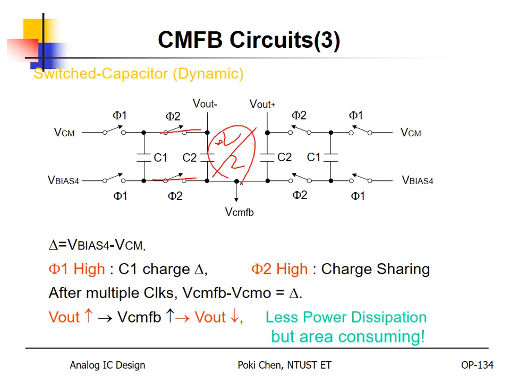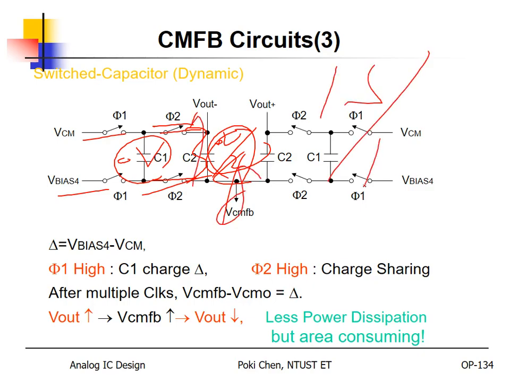And how about the second cycle? In the first phase, you close it, you become delta V. But after Phi 2 is closed, you are delta V, I am delta V by 2. So what will be the consequence? So how about the next? 7 by 8, 15 by 16.